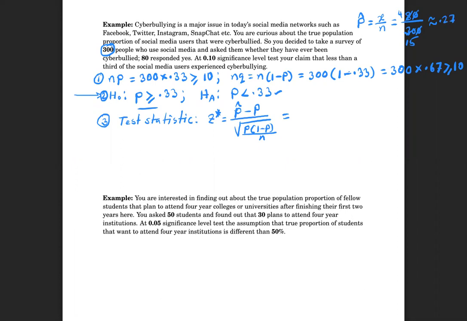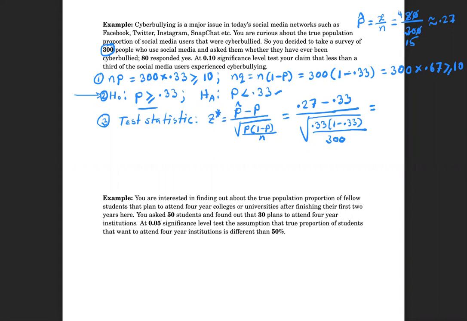So this is going to be 0.27 minus P, which is 0.33, all of it divided by the square root of 0.33 times 1 minus 0.33, all of it divided by the sample size of 300.